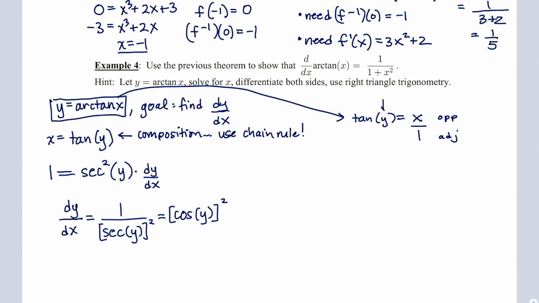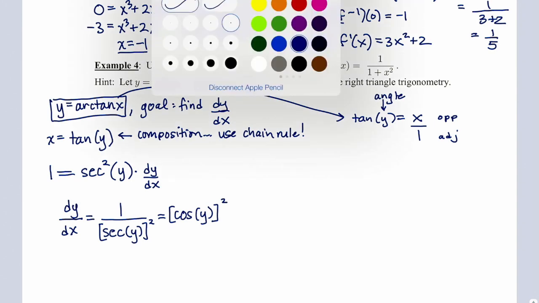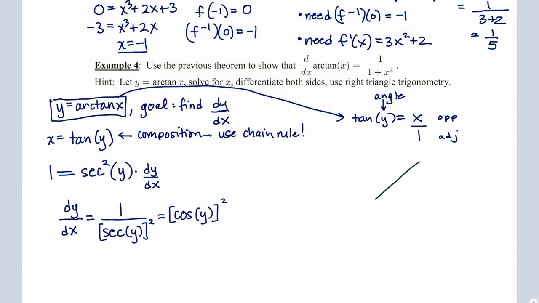So I can make a sketch here, and the y is going to be my angle, and the x and 1 are going to be sides relative to that angle. So if I make a sketch of a right triangle, I've got a 90-degree angle, and then I have this angle that I'm going to call y. And if that is y, then x needs to be the length of the opposite side, and, excuse me, 1 needs to be the length of the adjacent side.